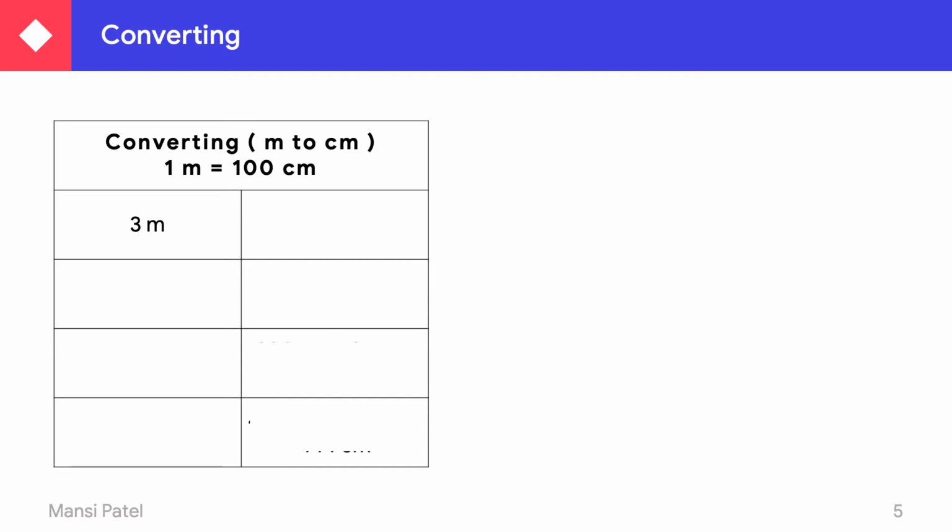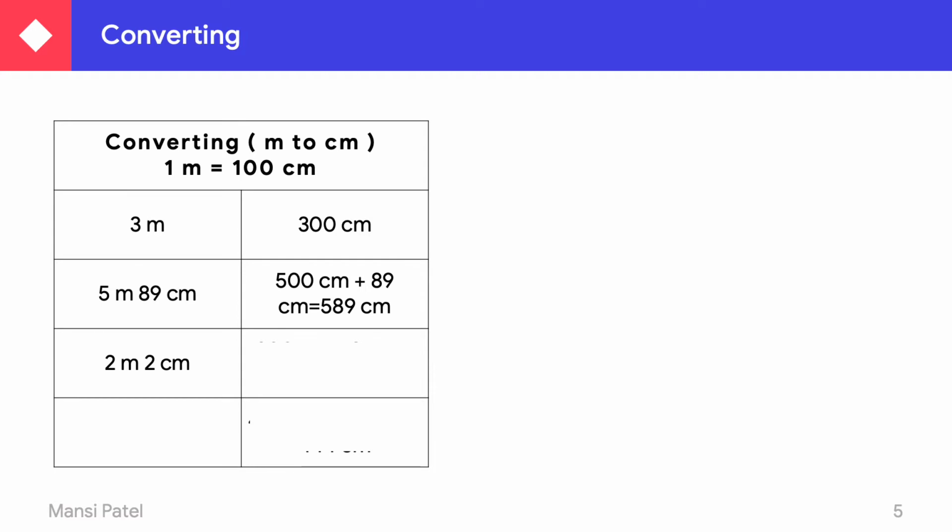So 3 meter is equal to 300 centimeter. Then 5 meter 89 centimeter. First you convert this 5 meter. 5 meter is equal to 500 centimeter, plus this 89 centimeter you have to add. So 500 centimeter plus 89 centimeter is equal to 589 centimeter.